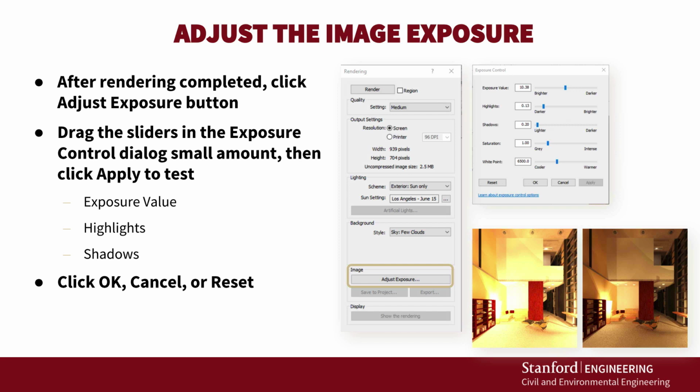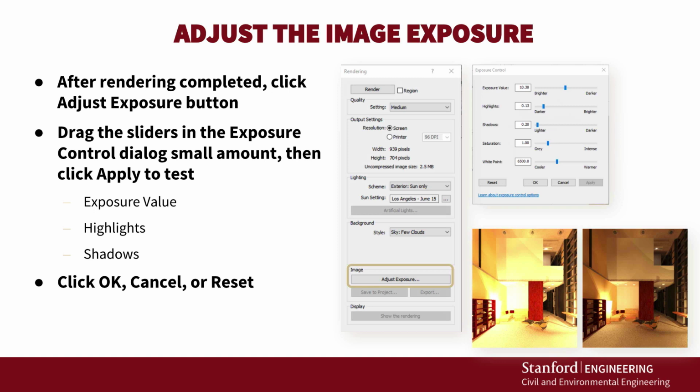Now, as an example, in the lower left-hand image, you'll find an overexposed image. It's a little bit too bright back in the corner, and I'd like to darken that a bit so I can see more of the detail in the rendered image. So to create that effect, what I'd probably do is darken the image first, just bringing down the overall lighting level for the entire image, and then I might go one step further, bringing down the highlights, making them just a little bit darker so they're not quite as bright and they're not burning so much.